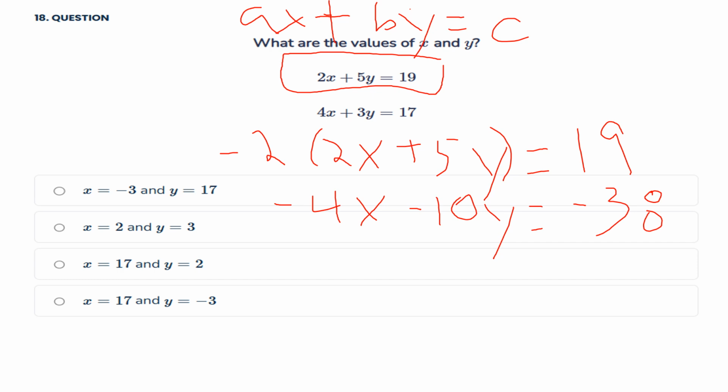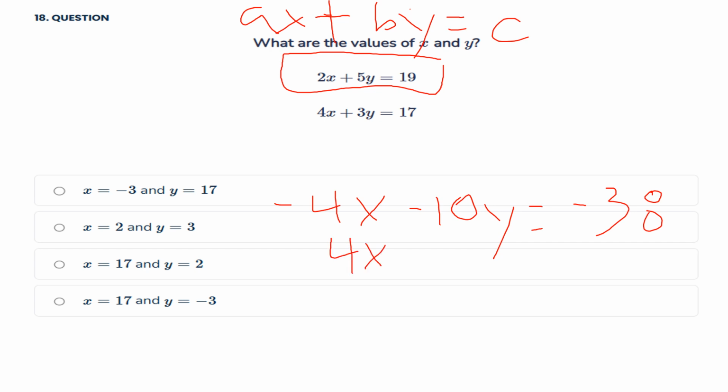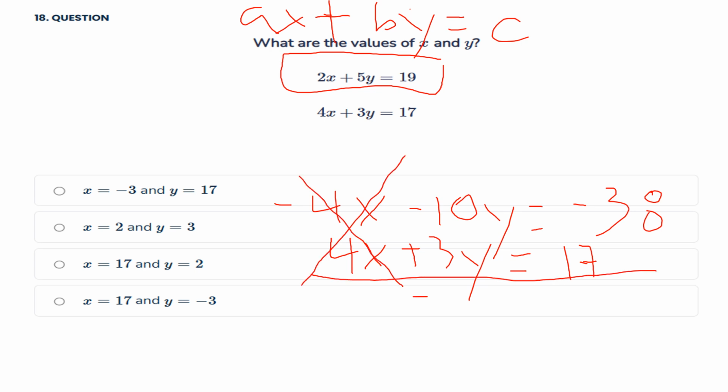Now we're going to use that bottom equation to solve for y, and we have 4x plus 3y equals 17. The x's cancel out, and that gives us negative 7y equals negative 21.